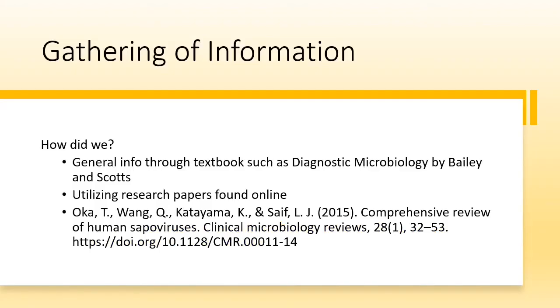So for gathering of the information, what sources did we use? For general information about the virus, we utilized the Diagnostic Microbiology textbook by Bailey and Scott's, because remember, Sapporo virus comes from the family Caliciviridae. Before diving into the Sapporo virus directly, we wanted to look at the general characteristics of the family.